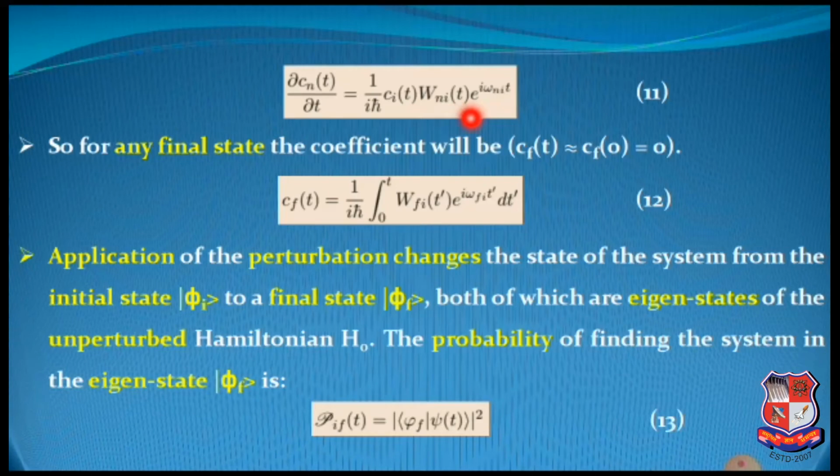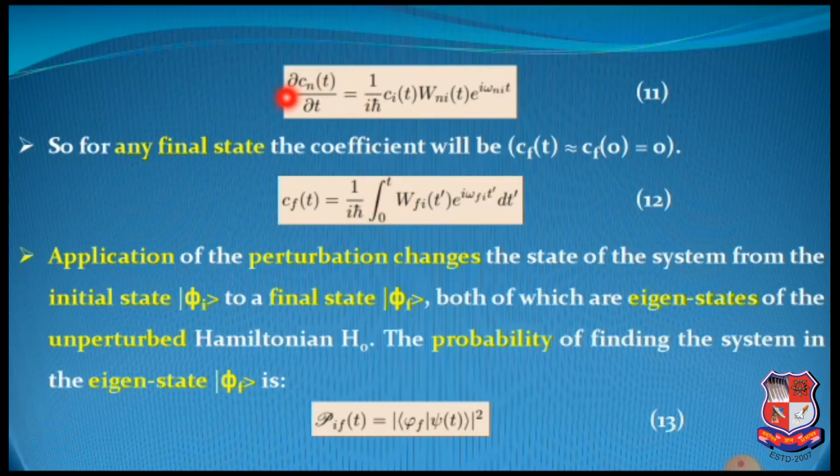So instead of k, all terms are replaced with the initial state term i: W_ni(t) e raised to iω_ni t. So for any final state, the coefficient will be c_f(t) equal to c_f(0) equal to 0, and hence for the final state c_f(t) is equal to 1 upon iħ.